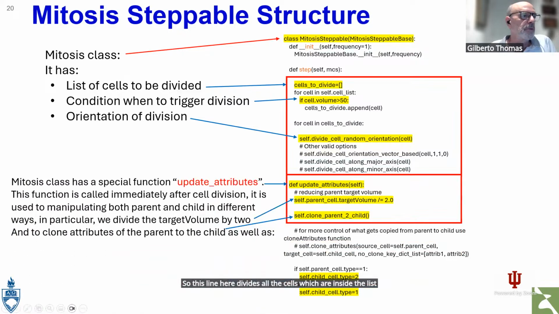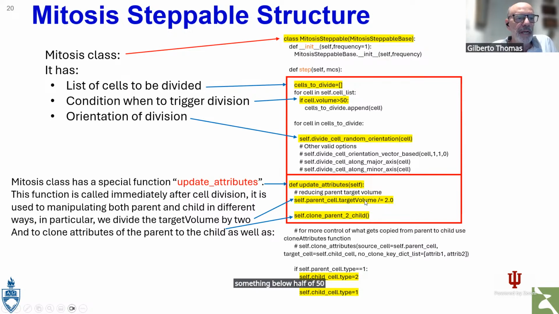After that, we have to update the attributes of the parents. The first one: since the parent was divided in two, its target volume must be brought back to the initial value 25, or something below half of 50.